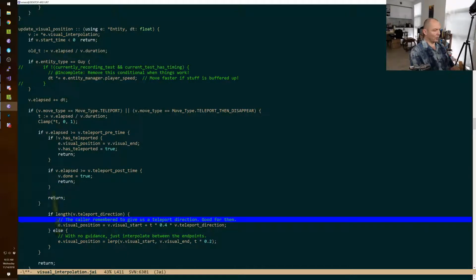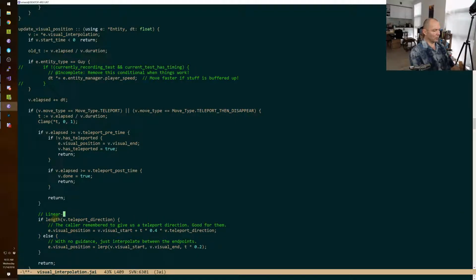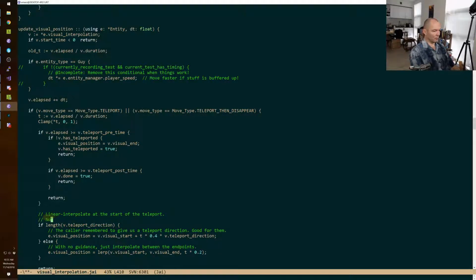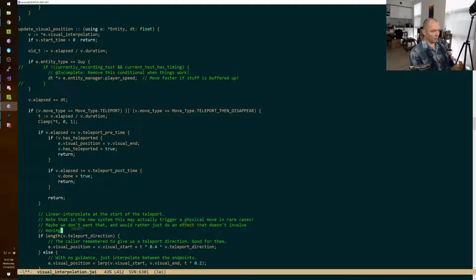Whatever. And then we get rid of this do linear variable. Okay.